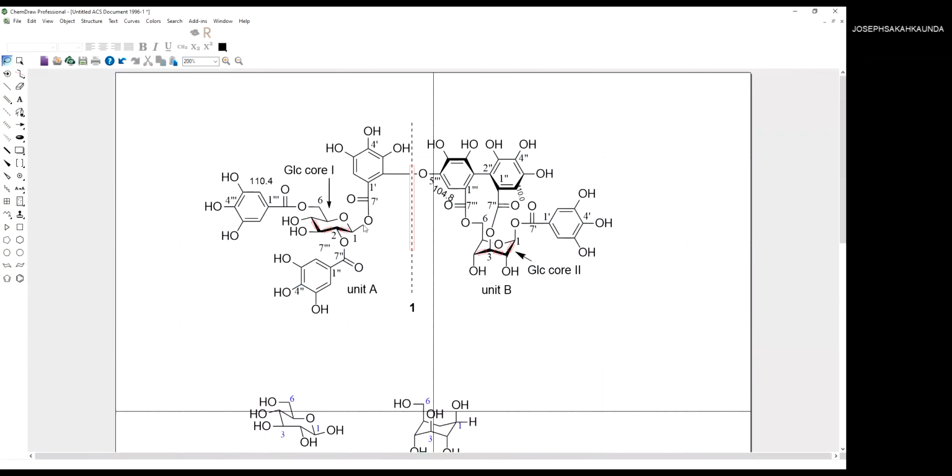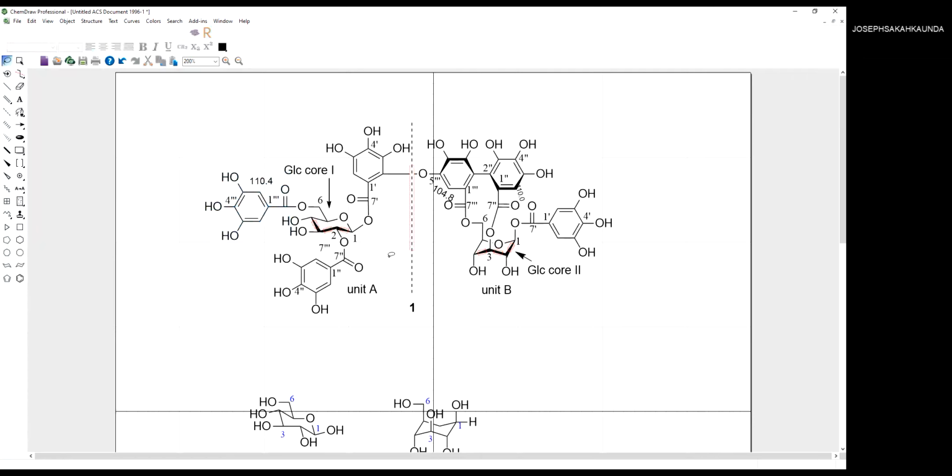Now, these are our 2 glucose units drawn like this based on the J value as displayed on our proton spectrum. Usually when you're dealing with a tannin where the hydroxy groups of the glucose have been acylated, as you can see, we have our gallol there, gallol here.